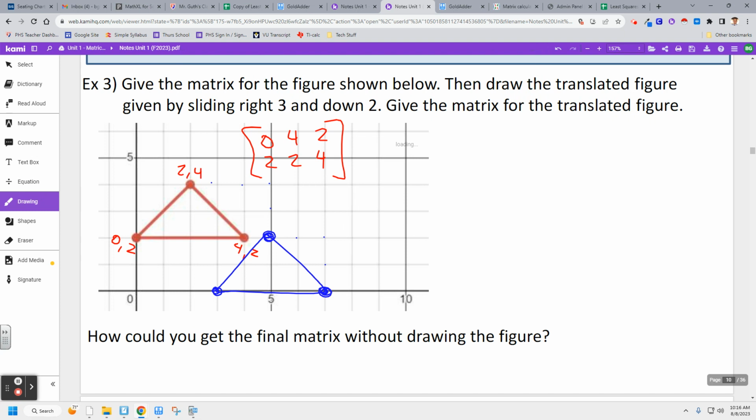It says give the matrix for the translated figure. So look at your new coordinates. 3, 0, 7, 0, 5, 2.